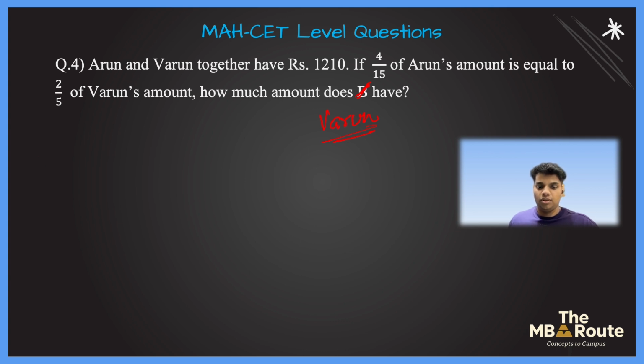Let's take the variable A for Arun, so 4/5 of A is equal to 2/5 of Varun's amount B. I basically reduced it, so we can get the ratio here as B by A. I bring A here and 2 down, so that would be 4/6, which on reducing is 2/3.